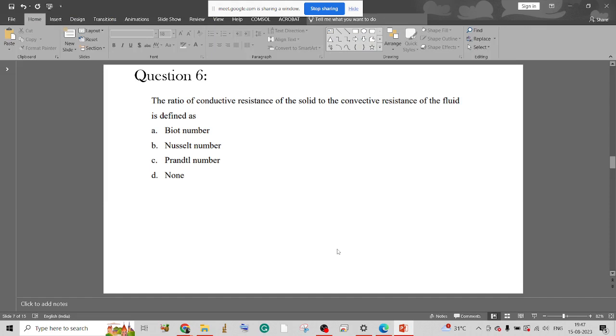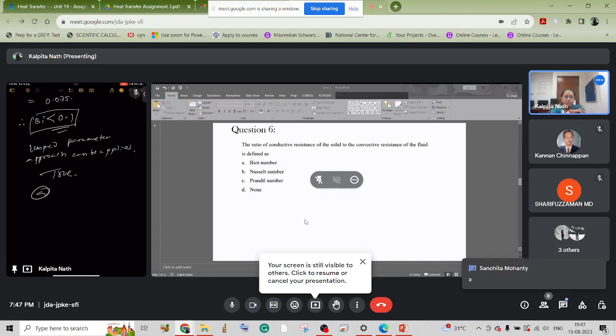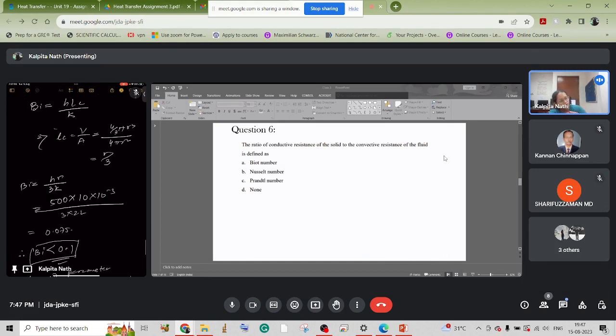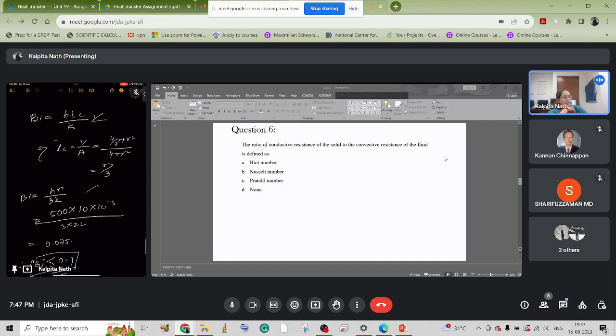The ratio of the conductive resistance of the solid to the convective resistance of the fluid is defined as which one of the following? We already have learned this in the previous class.